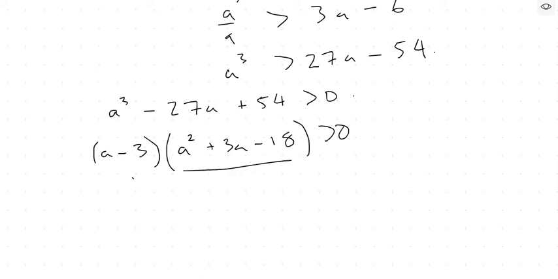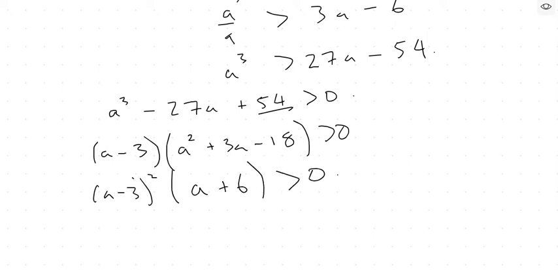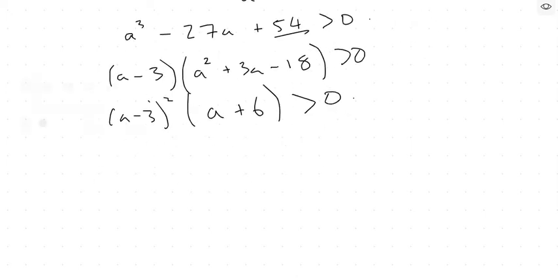And we need another factor of this. 3 again, I think. A minus 3 squared. So it must be a plus 6, since 3 squared is 9. What do we need to get to 54? (a minus 3) squared times (a plus 6) is greater than 0. Right, so when is this true?